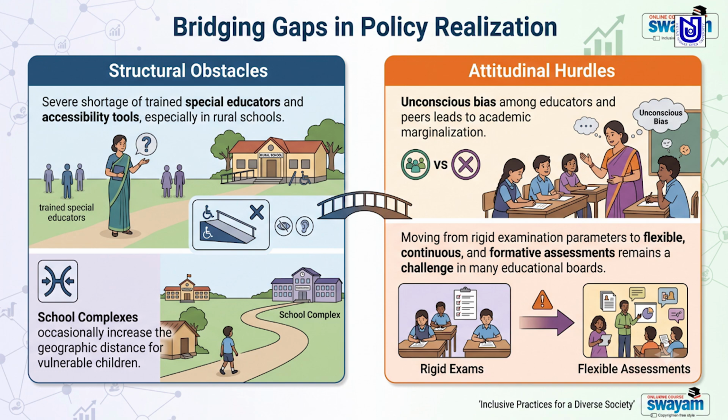Furthermore, we must also move from the rigid traditional examination parameters to flexible, continuous and formative assessments so that children with special needs can be accommodated, and the educational boards have to also readjust their examination patterns accordingly. This continuous formative assessment model will further promote flexible assessment for learners across all groups.